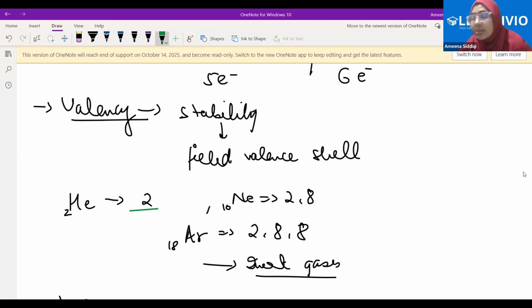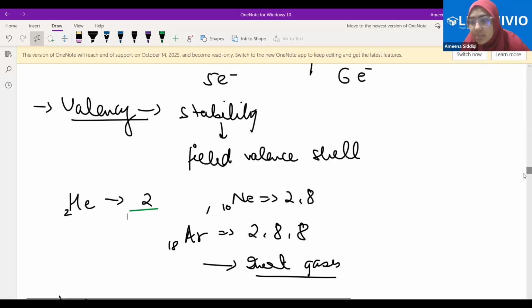Yes, that is equal to the maximum capacity. Therefore, for helium and neon both, the valence shells are already fully filled. Come on to argon. Which is the valence shell here? The third shell. What's the maximum capacity of the third shell? 8. And we see that it is already completely filled. Therefore, these three elements already have stability.